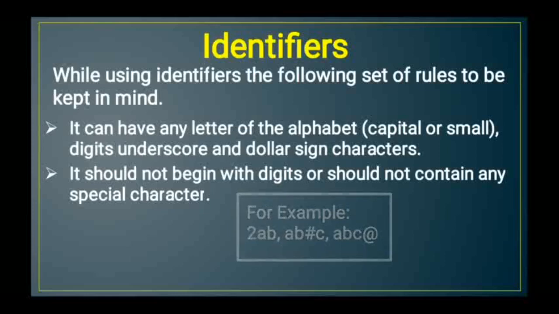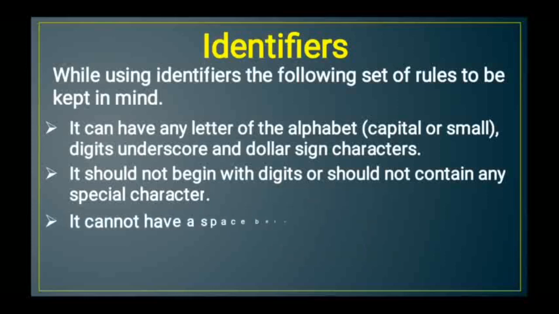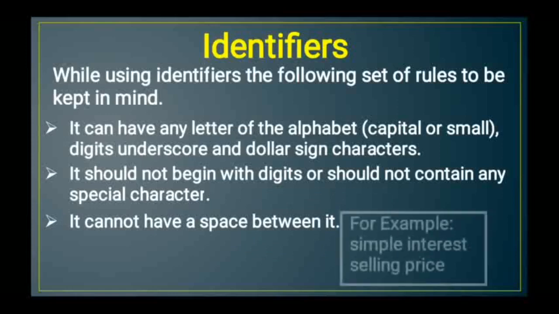The next point: it cannot have a space in it. For example, simple interest, here I am giving a space between simple and interest, and between selling and price, so this is not a valid identifier. A valid identifier cannot contain any space.